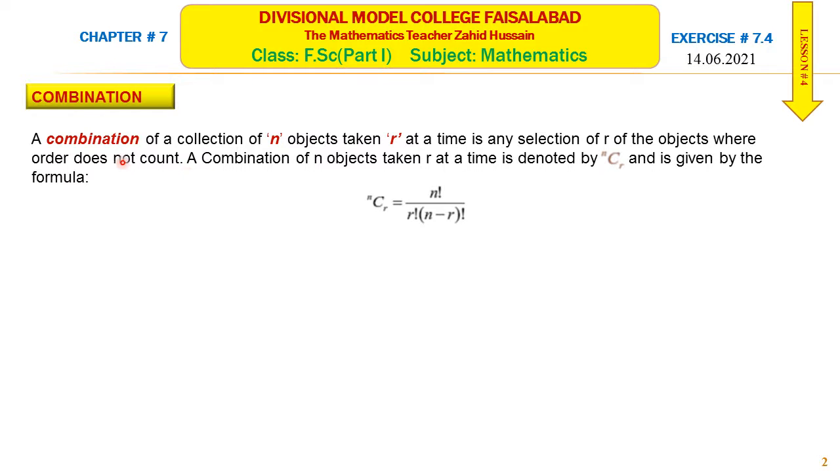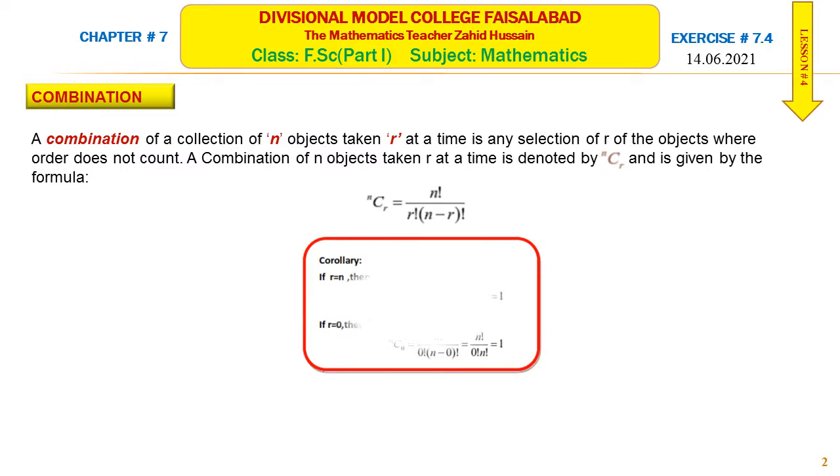Here in combination, order is not important. nPr was equal to n factorial over n minus r factorial, but nCr, combination of n objects taken r at a time, is equal to n factorial, the total number of objects, over r factorial, the number of objects which we take at a time, and the factorial of the difference between the total and r. This formula is important, and this formula is asked in MCQs.